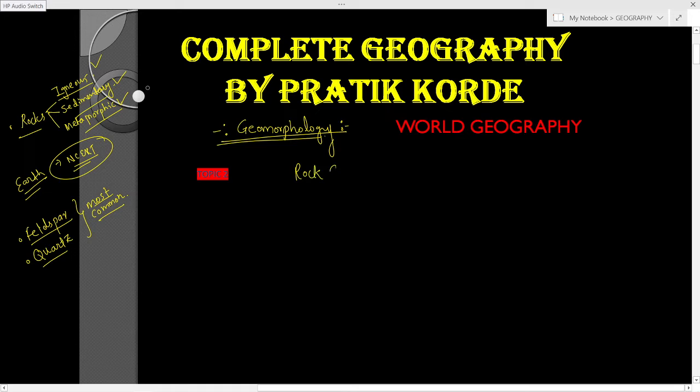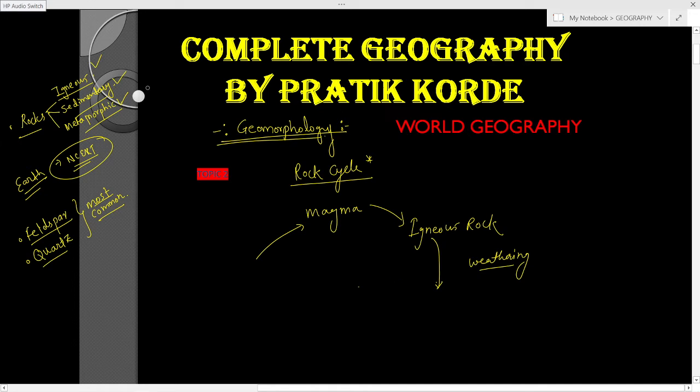Okay, a rock cycle. That is how the rock cycle is. So we'll talk about certain things, for example, magma. Now this magma will lead to igneous rocks. Now this igneous rock under the influence of weathering will be converted into sedimentary rock.